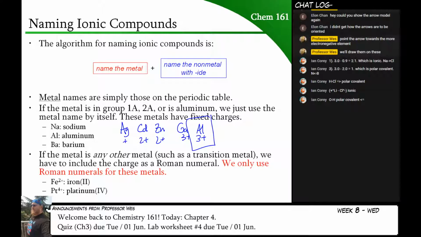Now, the reason that we need to make a distinction between fixed and variable charges is because the naming scheme for them is different. So, if you have any other element that is not group 1A, 2A, or aluminum, you need to indicate its charge as a Roman numeral.